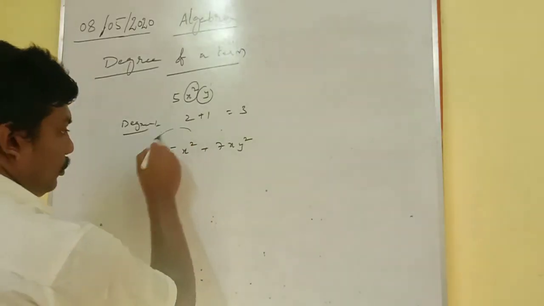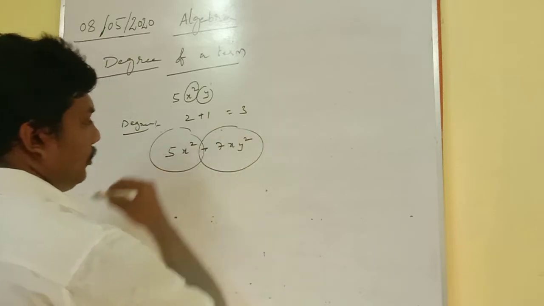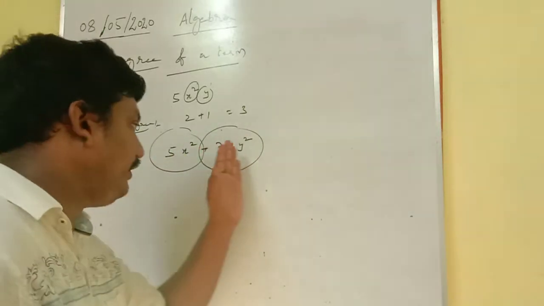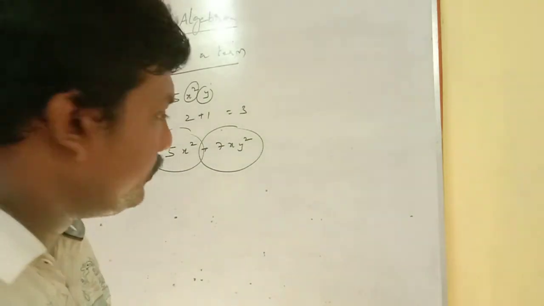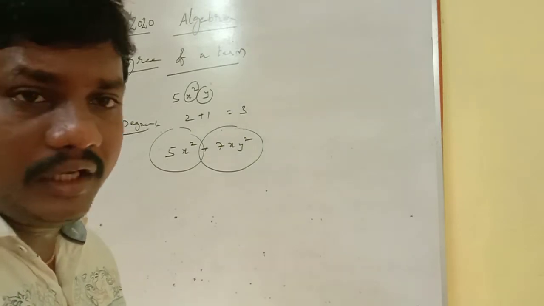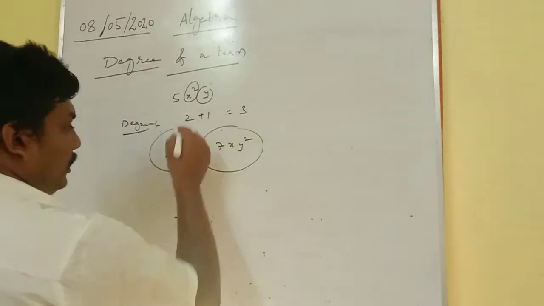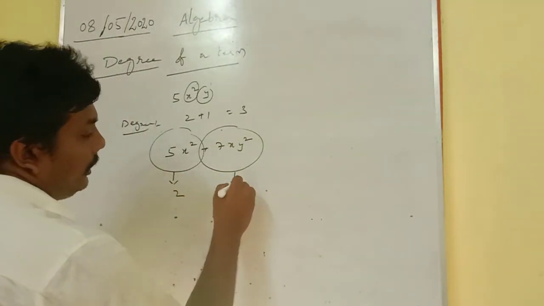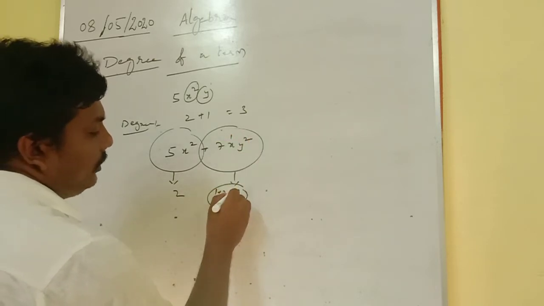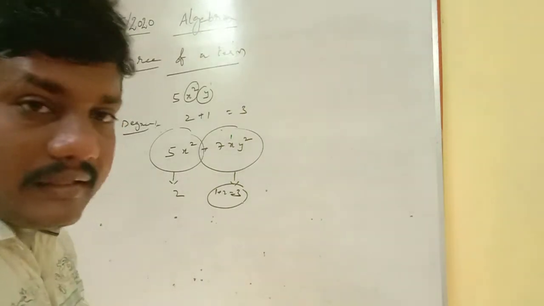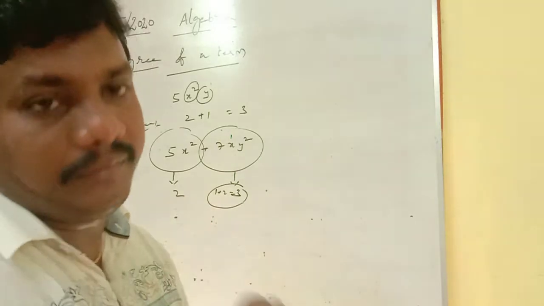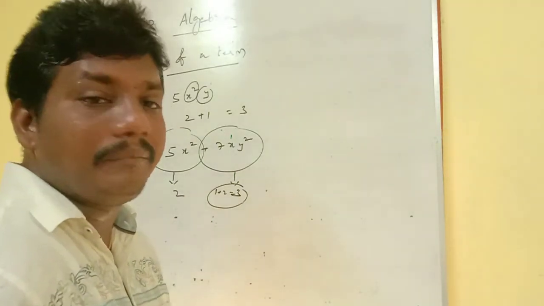The first monomial is 5x square, the second monomial is plus 7xy square. We have to find the degree of each monomial. Here the degree is 2, here the degree is 1 plus 2, that is 3. The degree is 3.